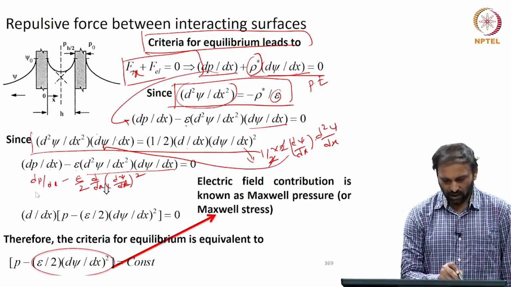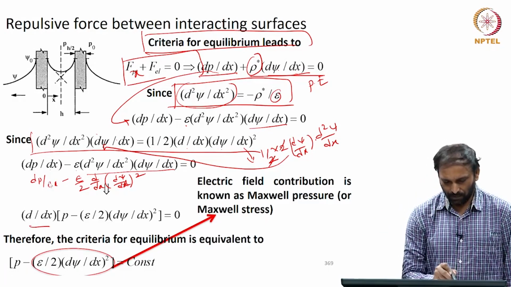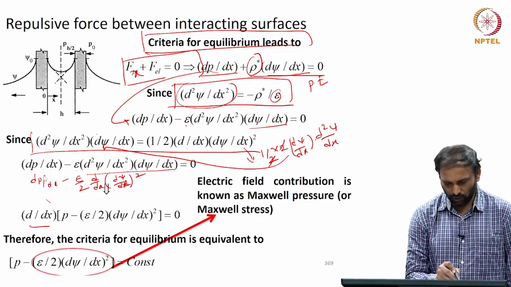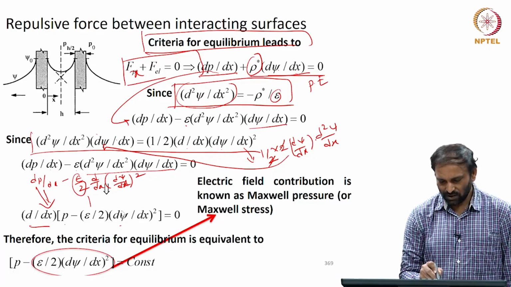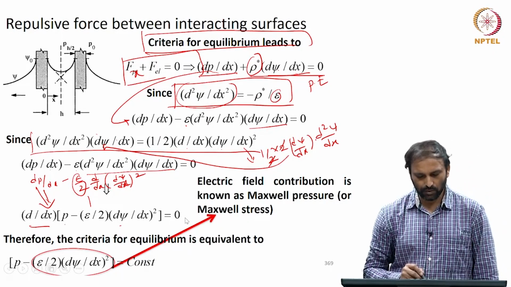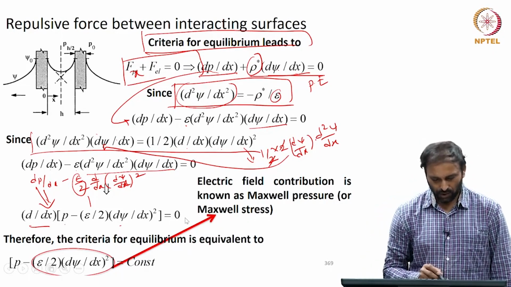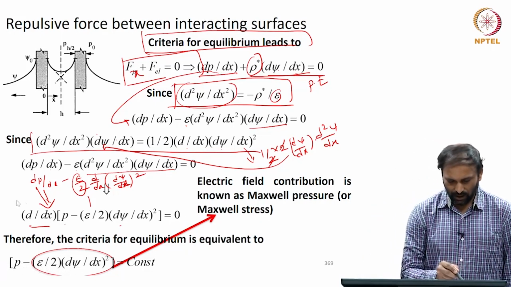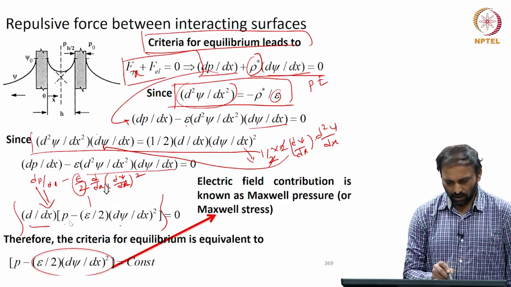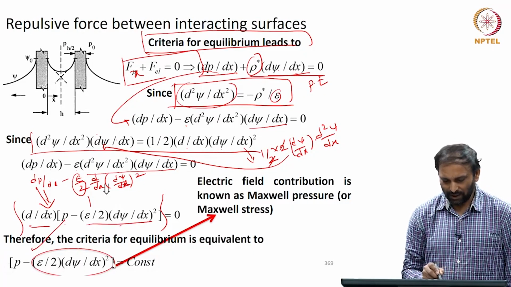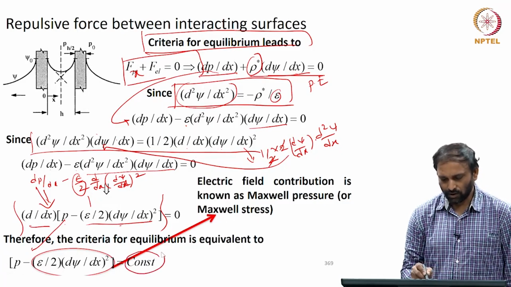So, if I take d by dx as common, therefore, this becomes p minus epsilon by 2 times d psi by dx whole square is equal to 0. Now, if I integrate this, what I end up with is p minus epsilon by 2 d psi by dx whole square is equal to constant.